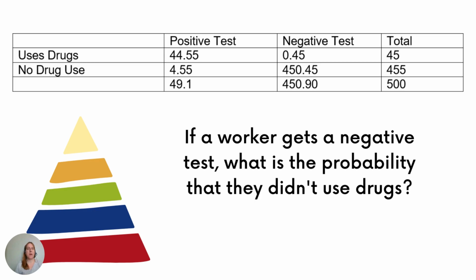I've multiplied it by 500 to get the total number of people that we would expect in a company of 500. I left these as decimals just so we can apply it to a larger population if we wanted. So for example, this first number indicates that 44.55 people would use drugs and get a positive test result.